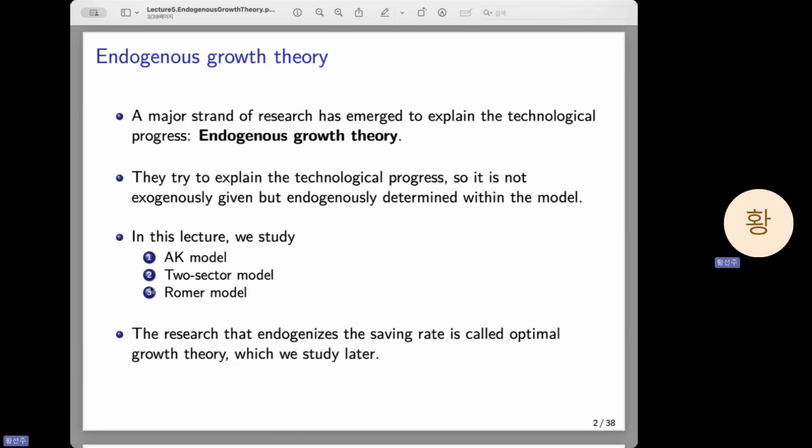The third one is the Romer model. The Romer model is the most influential model that explains how ideas lead to sustained growth. Lastly, later we will also study related research called optimal growth theory, which endogenizes the saving rate. But for now, our focus is on technological progress.